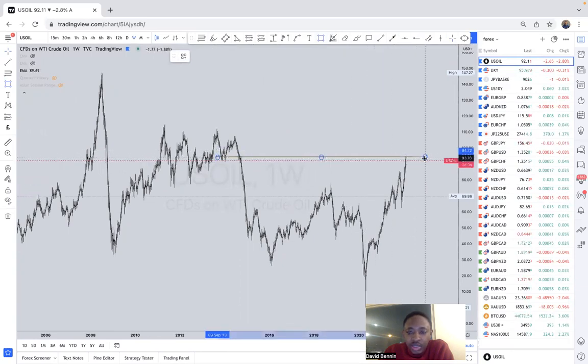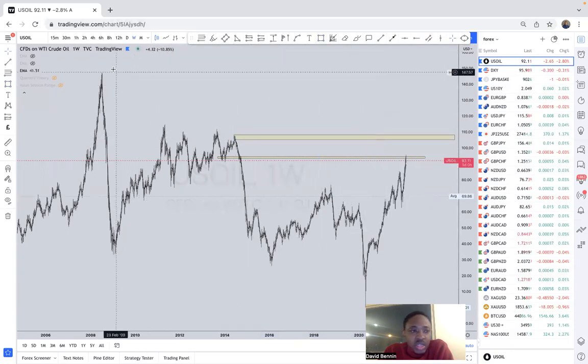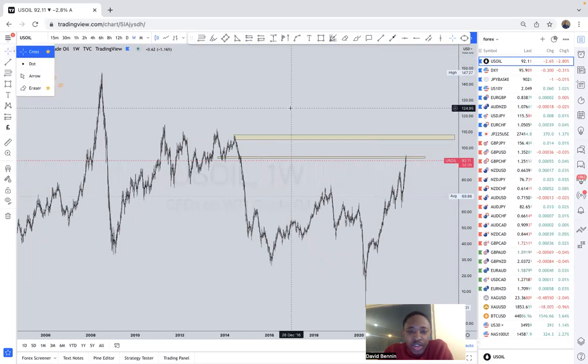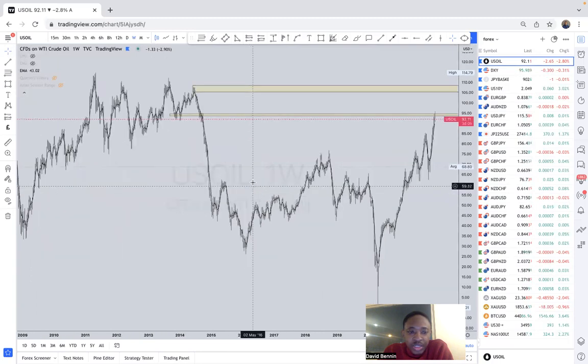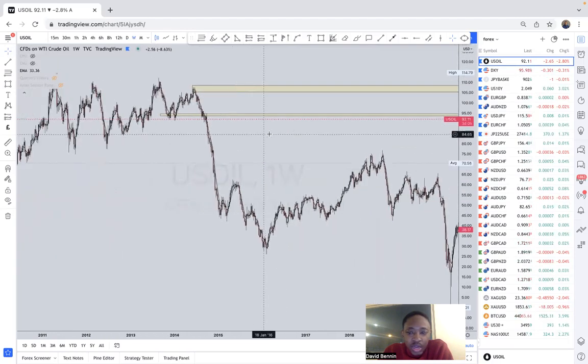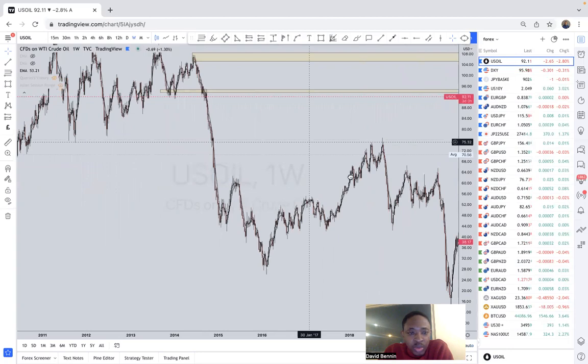So let's highlight this level here. But ideally, the ultimate end of this range is at a high here. So we would want to see the market make a move ideally to that level to complete the range. But let's narrow it down and look at what we see here.